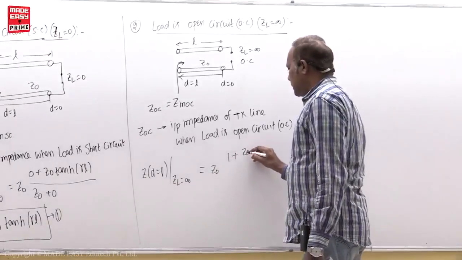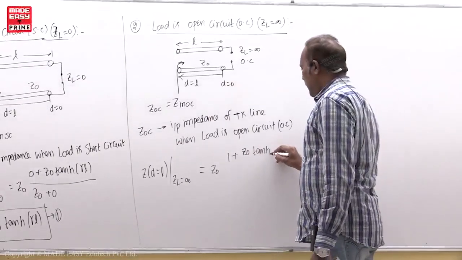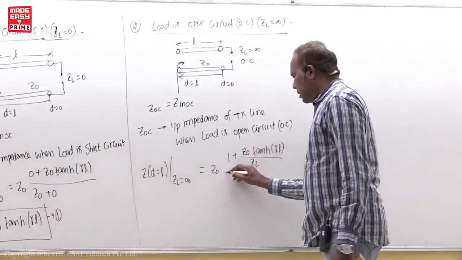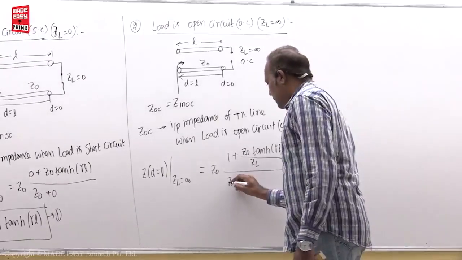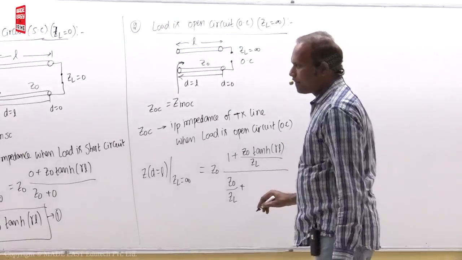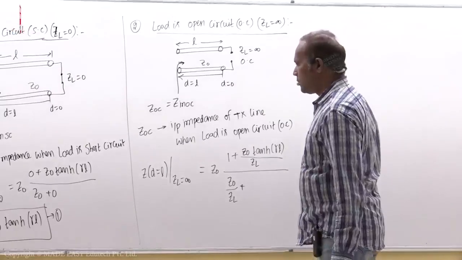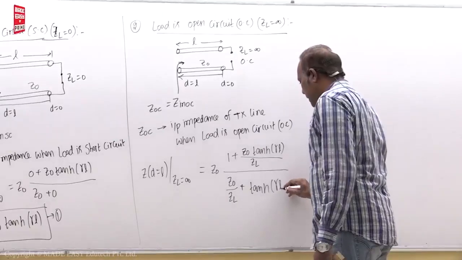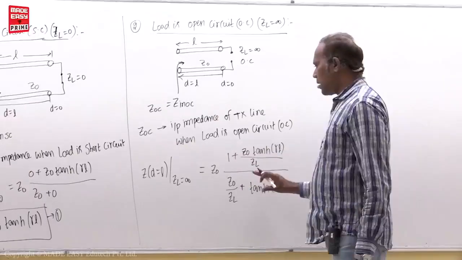So 1 plus Z0 tan H gamma L divided by ZL, divided by Z0 divided by ZL plus top one, Z0 by ZL, then tan H gamma L. Is this right? So ZL 1 remains. So now it is fine.